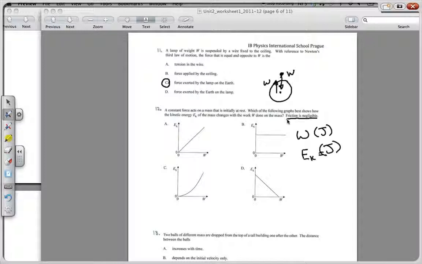That force doesn't have to overcome any friction. The force applied on that object causes it to accelerate, and that acceleration leads to an increase of the kinetic energy. So it would be A here, because there's a direct proportion between the kinetic energy and the work, since all the work goes into the kinetic energy.